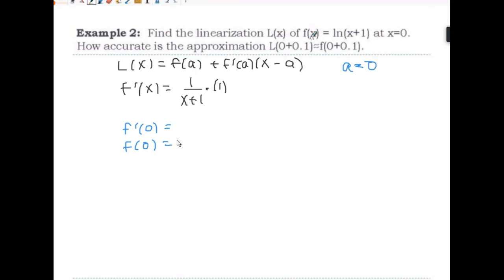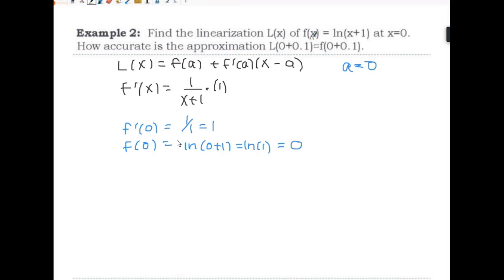So f prime of 0 is 1 over 1, which is 1. f of 0 is the natural log of 0 plus 1, which is the natural log of 1. And we know that the natural log of 1 is 0.